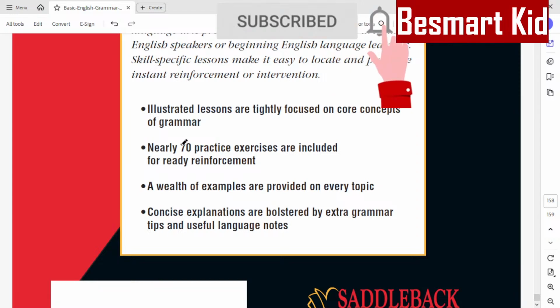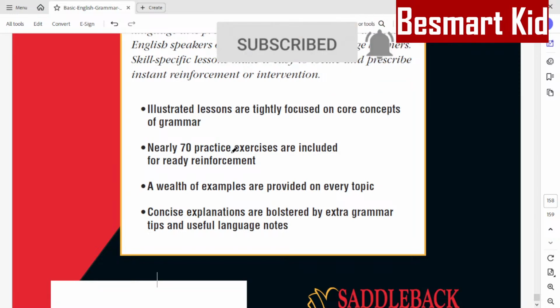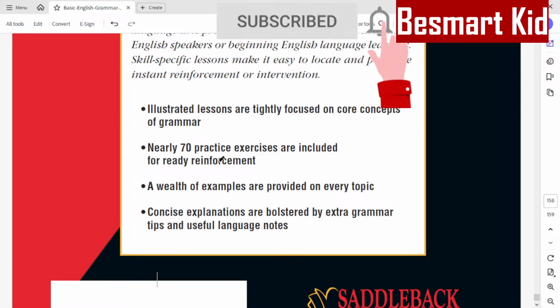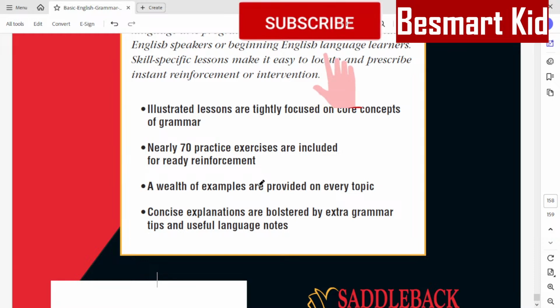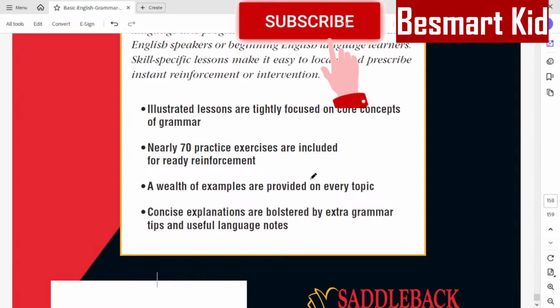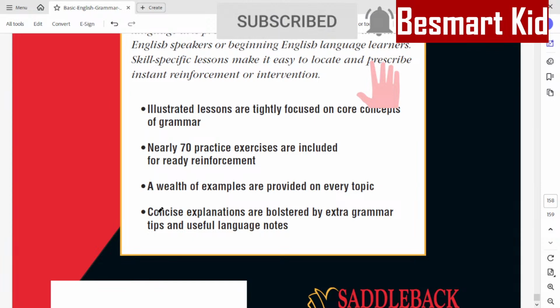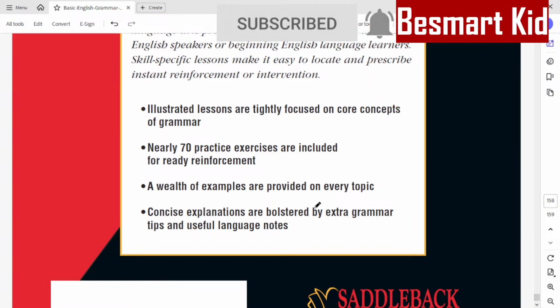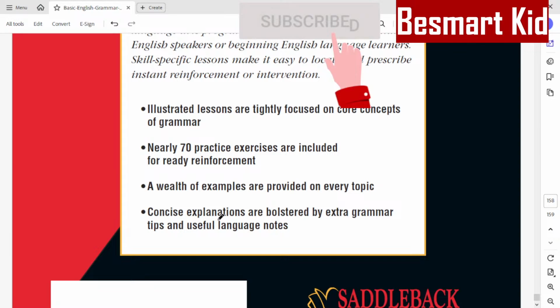Nearly 70 practice exercises are included for reading reinforcement. A wealth of examples are provided on the topics. Concise explanations are boosted by extra grammar tips and useful language notes.